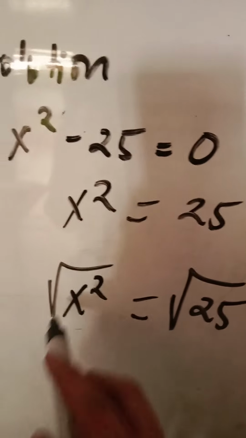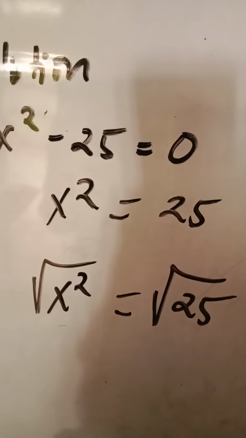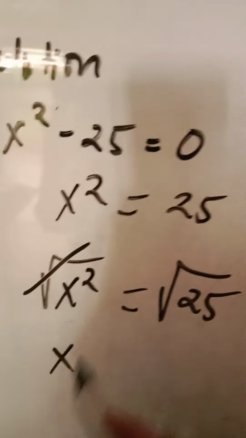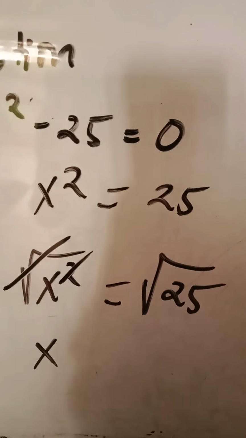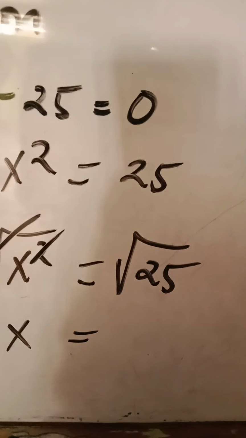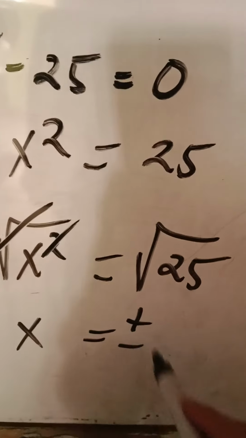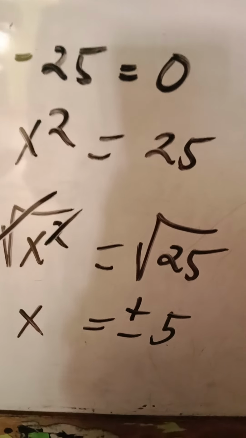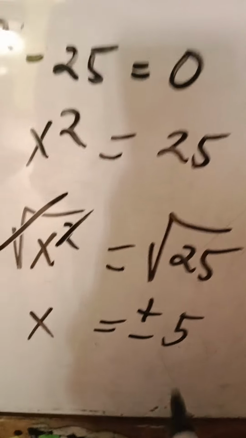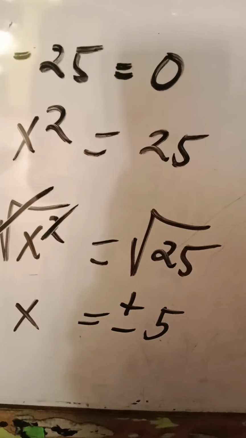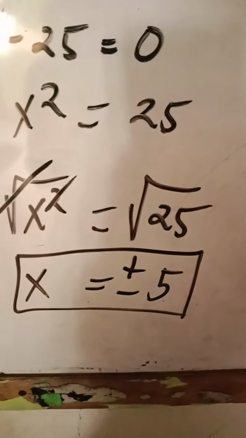The square root of x squared is x, because you cancel out the square root and the power of 2, so what remains is x. The square root of 25 is positive and negative 5, because positive 5 times positive 5 is equal to 25, and negative 5 times negative 5 is equal to positive 25. That's why the answer is x is equal to positive and negative 5.